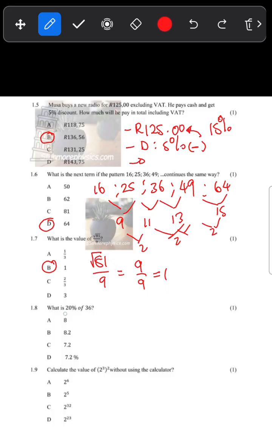And 1.8, they say what is 20% of 36? All right. So what you can do here is just say 36 multiplied by 20 over 100. It's going to be 7.2, which is C.